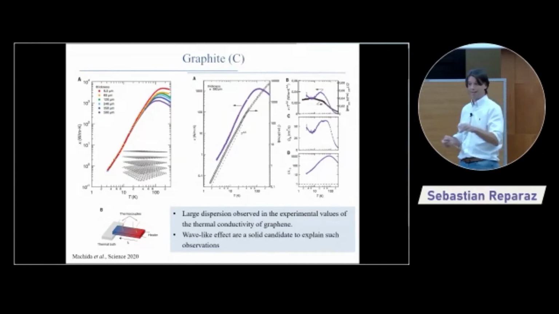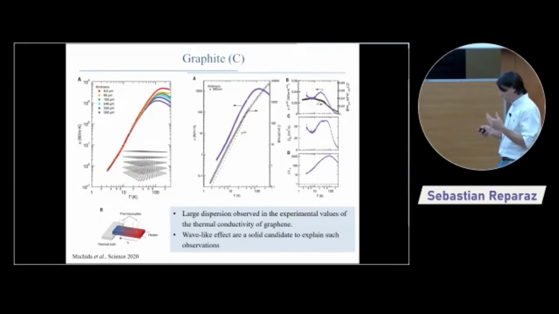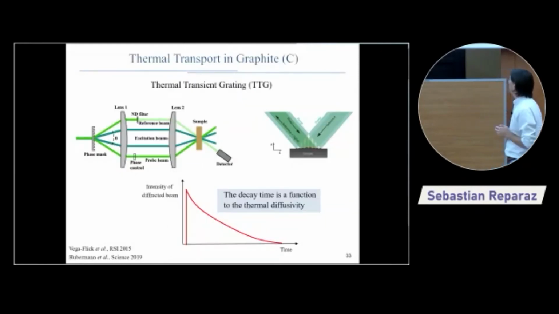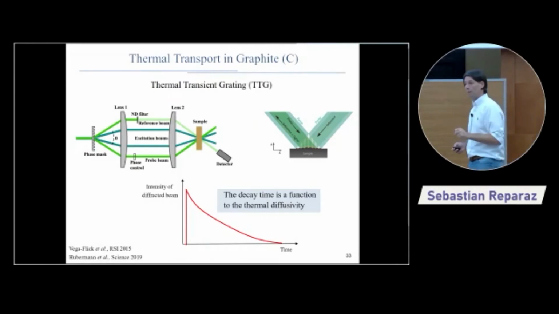This is one of the mechanisms that was thought to be one of the main candidates, and very recently, a couple of months ago or 1 year, the idea of wave-like transport has been applied to this. So what is it that I am speaking about here? Well, one more time, I'm focusing from the point of view of a complex heat source.